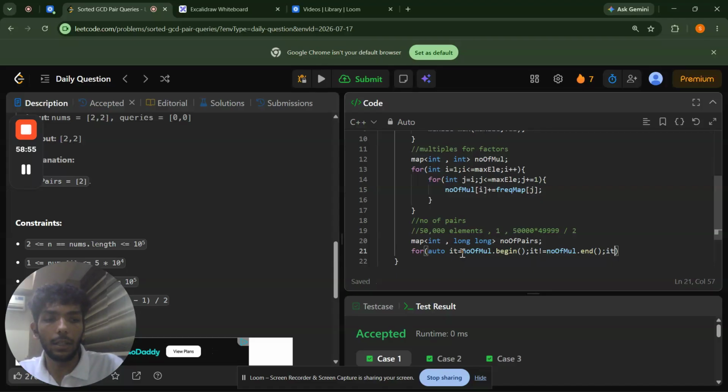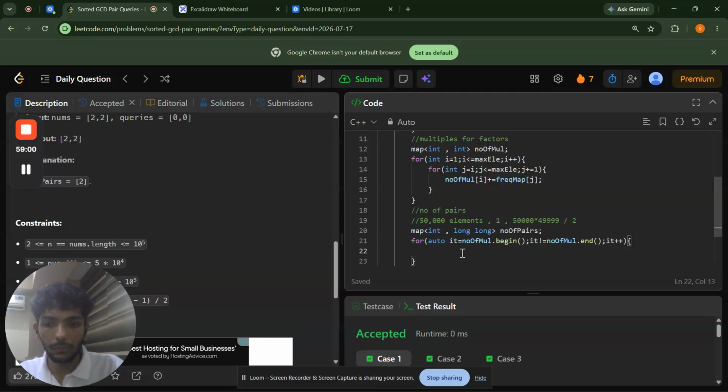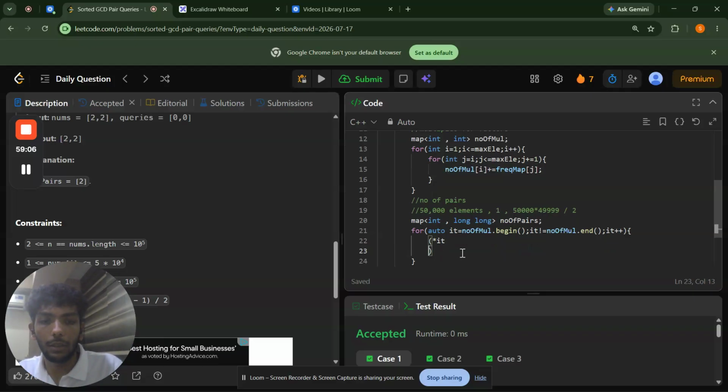As of now, let's do it this way. If we want to access the key of a map, it is done through this, and the value is accessed using this.